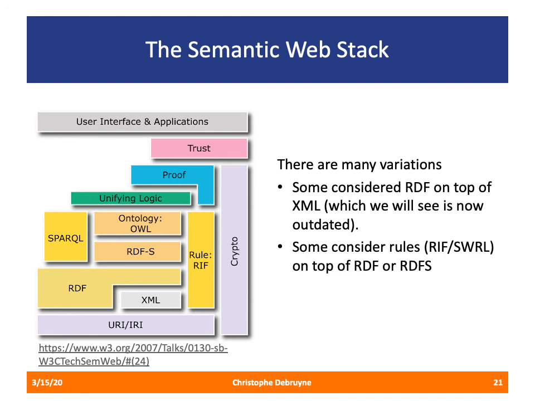We will be using URIs and IRIs to identify things. We will be using the RDF data model to capture relationships between things. Now, that data model needs to be serialized in some way. We will be using either XML, N3, or Turtle to serialize those relationships.